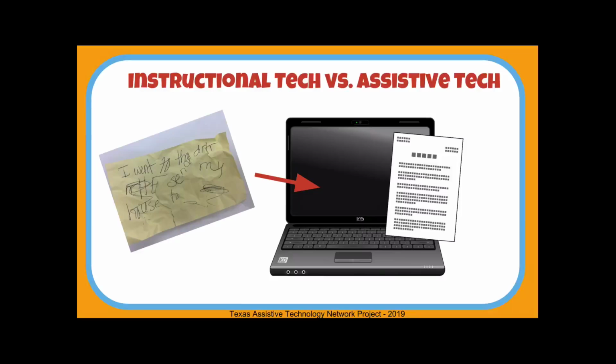However, when the student puts it into the computer and uses a word processing tool such as Microsoft Word or Google Docs, the final product on the right is drastically different than what the student was able to complete without the technology tool. In that case, the student requires assistive technology to produce grade level appropriate work.